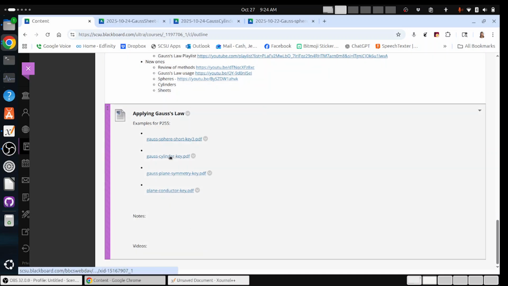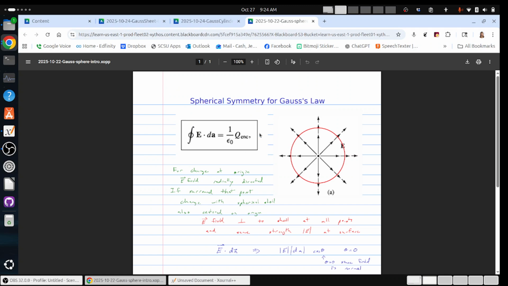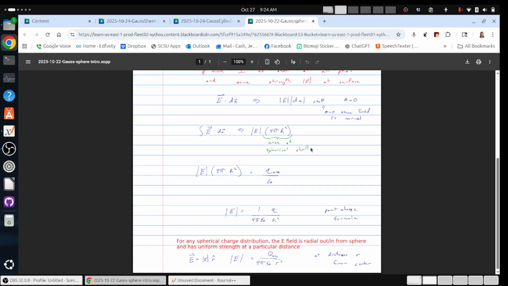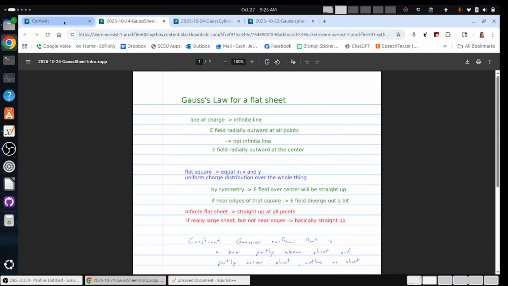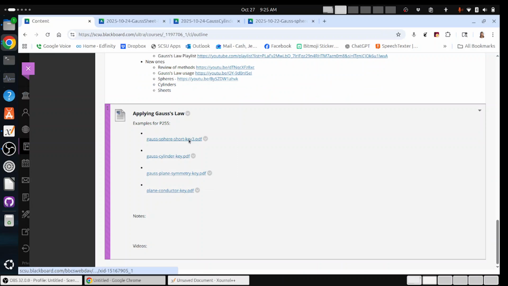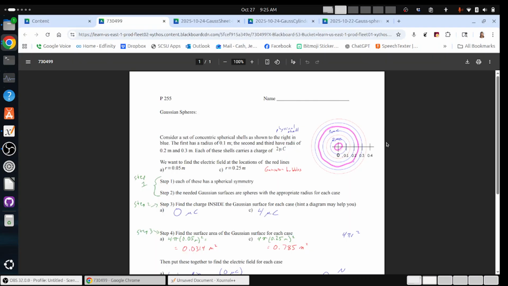But what we're going to end up having is some applications. Now, back when we did P255, we had several different examples. While I gave us in this class our whole spherical symmetry for Gauss's law, and we went through all the arguments for that one, then we had from the general physics actually applying it to a situation where I had some spherical symmetry.